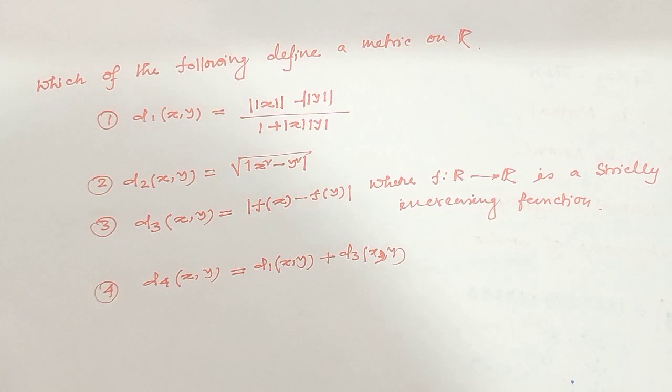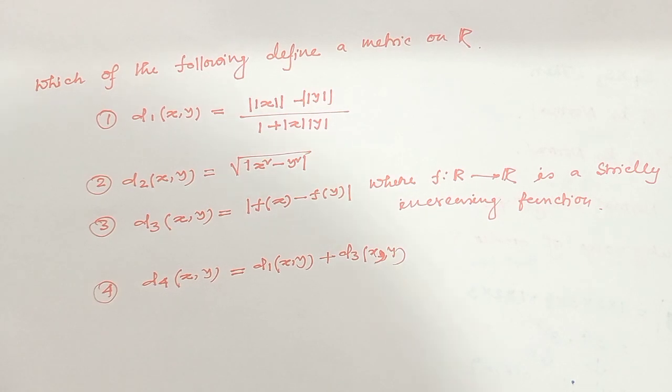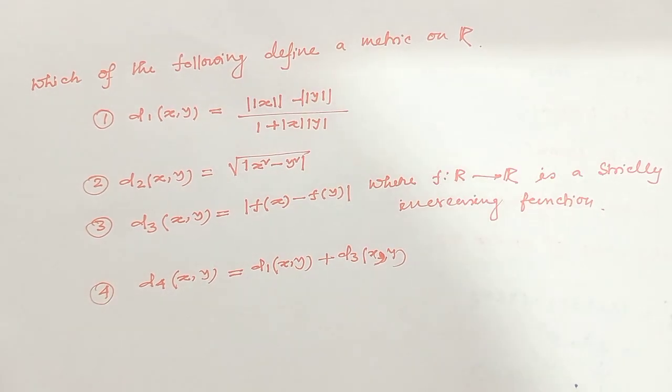Option 1: d1(x,y) equals absolute value of (|x| minus |y|) over 1 plus |x| times |y|.